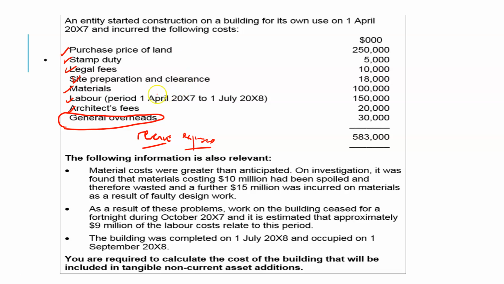So let's look at the first problem here. The following information is also relevant. Material costs were greater than anticipated. On investigation, it was found that materials costing 10 million had been spoiled. Well, yes, I accept that you've bought material, debit 10 million, credit bank, but that 10 million was not used for the actual building of this asset.